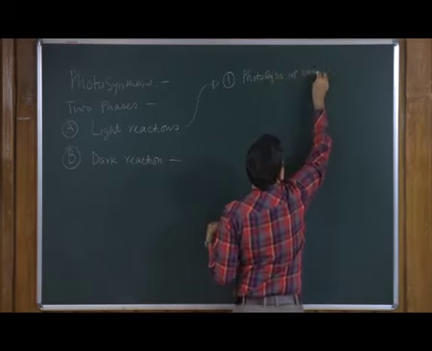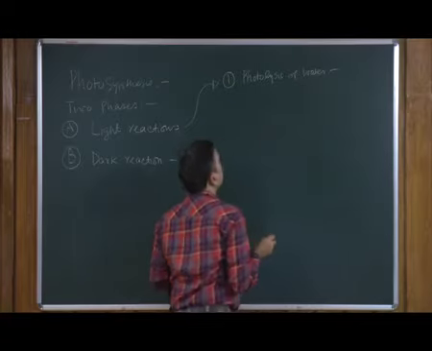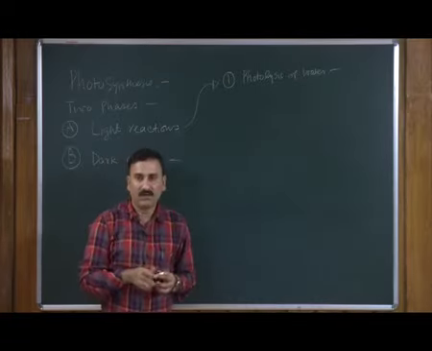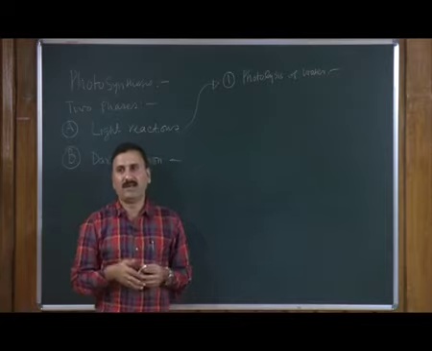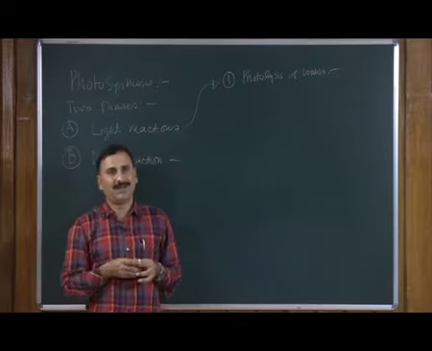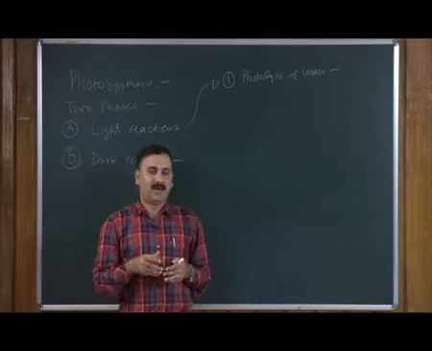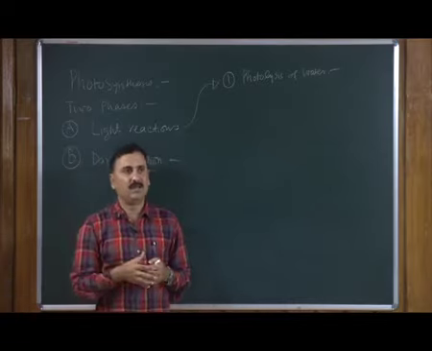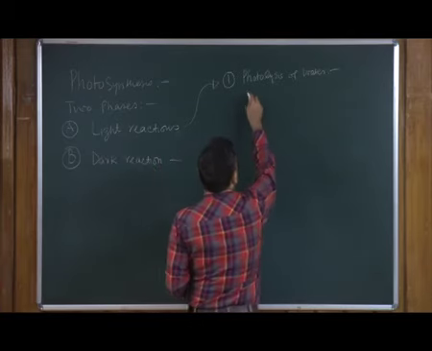That is the first step in the light reaction. As you remember, in the last lecture we discussed that photolysis of water is catalyzed by an enzyme complex known as the oxygen evolving complex.